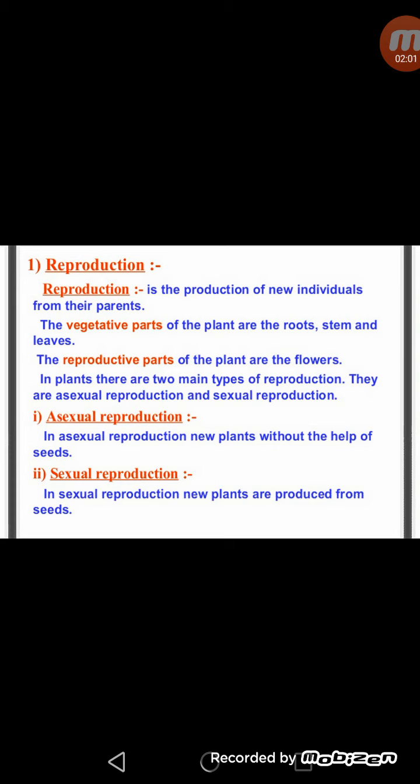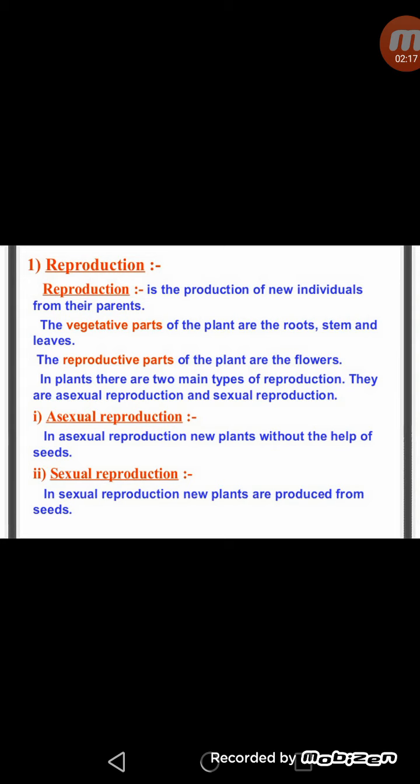In plants there are two main types of reproduction. It means we can divide the reproduction in two categories. First one is asexual reproduction and second one is sexual reproduction. Firstly, you should know the basic difference between asexual reproduction and sexual reproduction.